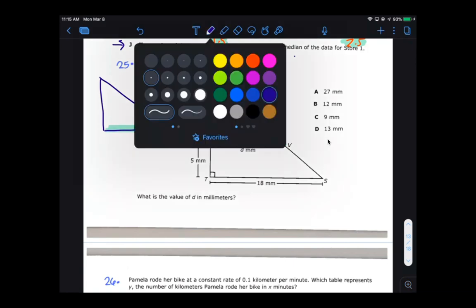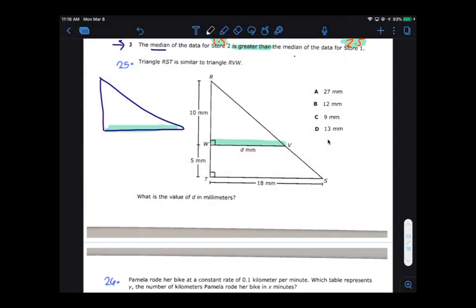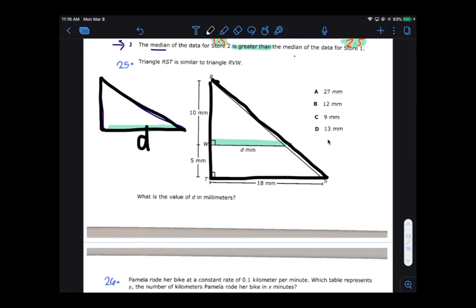Now I have two triangles. I have this large one, which I'm going to darken so you can see it, which is similar to this one. And then D is right here. Then I know this left side here is 10 millimeters. And so 10 corresponds to this long side of the bigger triangle.